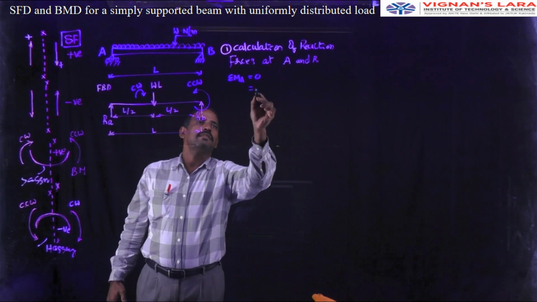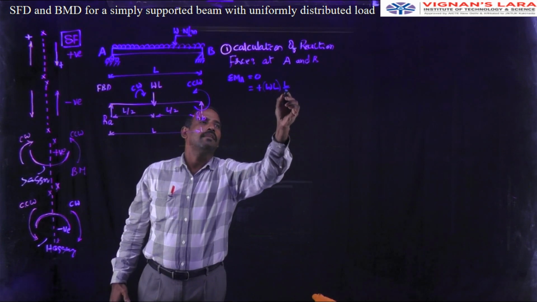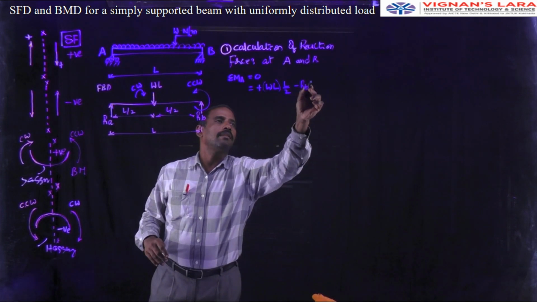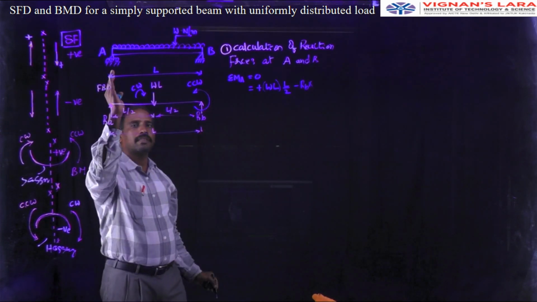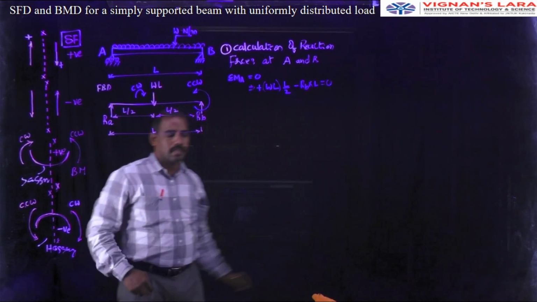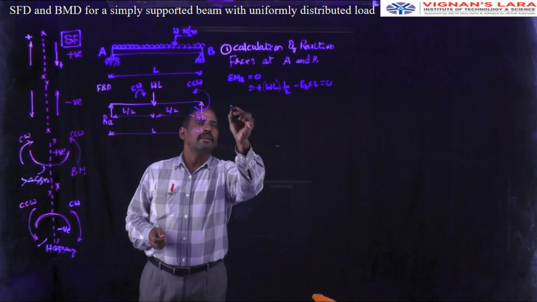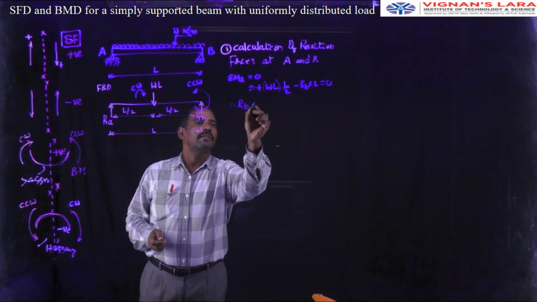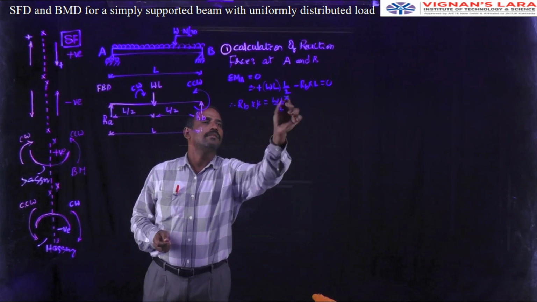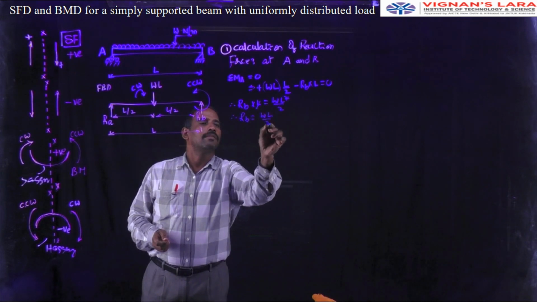If taken as positive, WL into L by 2, minus RB into the perpendicular distance L, is equal to 0. This is the equation. Therefore RB into L is equal to WL square by 2, so RB is equal to WL by 2.